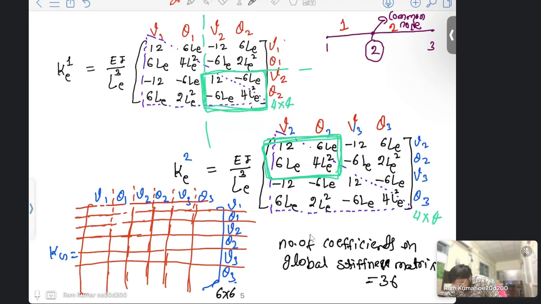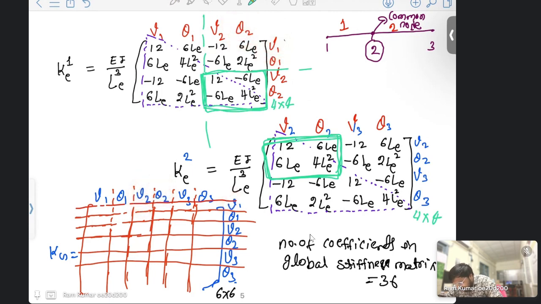Then B2 B1 will come here, then theta 2 B1.